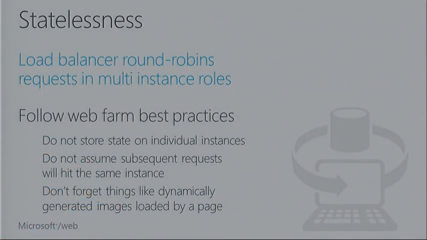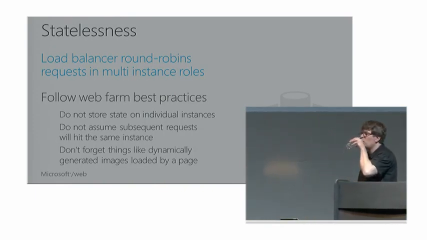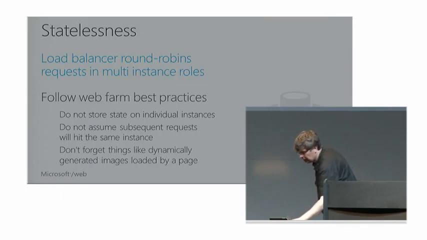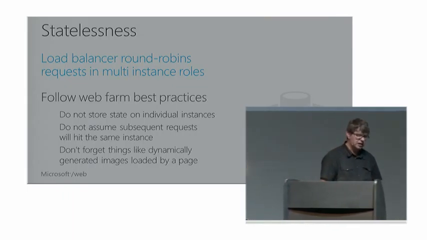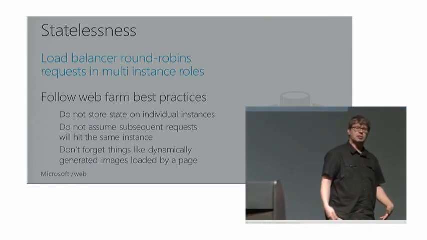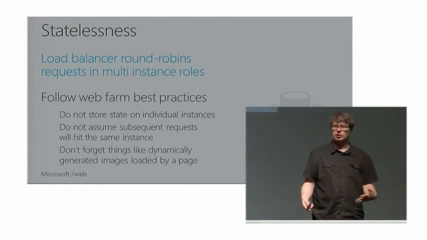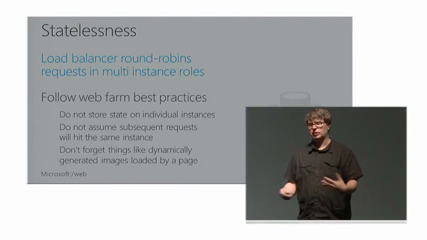Some state considerations. I'm going to go through these slides sort of quick because everybody's heard about state management before. It's a little bit different in Azure, especially when you talk about AJAX calls. The reason why is you might have multiple roles, or you might have a role running in multiple instances.